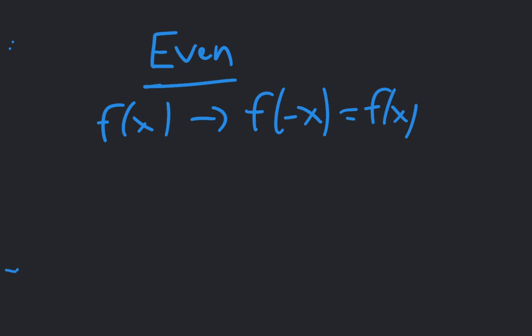So this is typically like x squared, even powers of x. There's other functions that I haven't really covered yet. Maybe in other videos I'll explain if they're even or odd functions. But we plug in f of negative x, and if it's the same, then we get an even function, usually even powers.